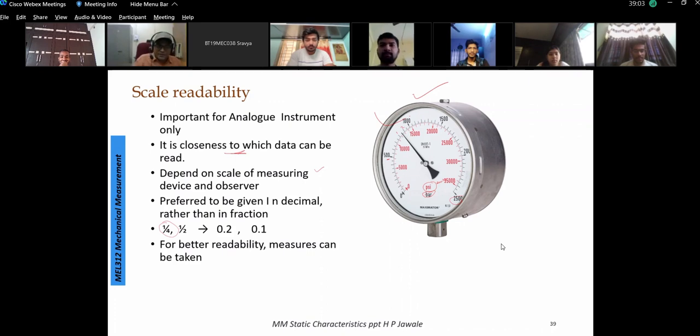So for better readability, measures can be taken. What are the measures? We can have the proper magnification factor, proper scaling, proper amplification, so that we'll have better and very clear readability of the instrument, right?